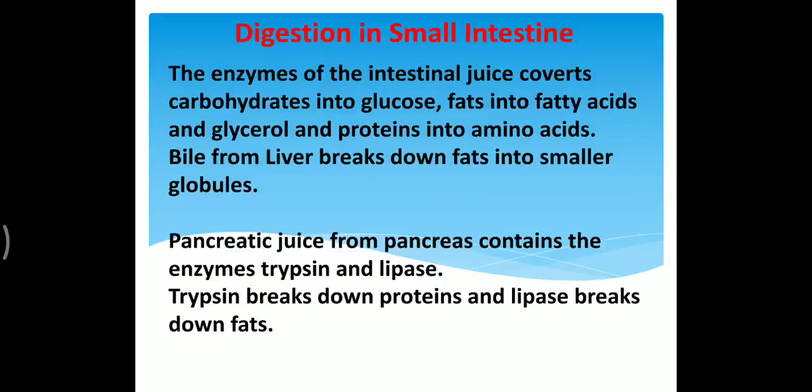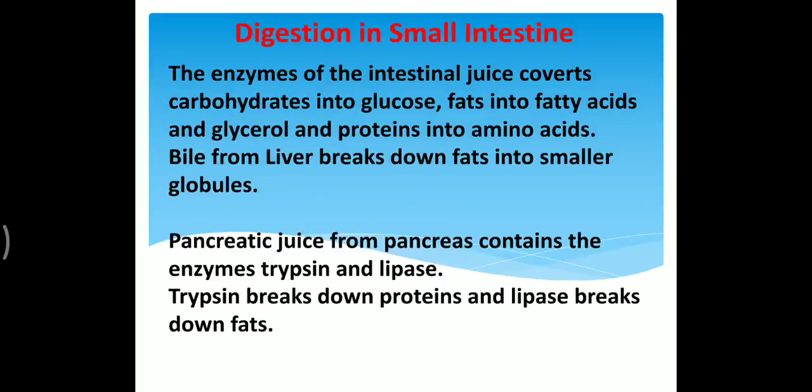Bile from the liver breaks down fats into smaller globules. Next, pancreatic juice from the pancreas. You all know pancreatic juice is poured from the pancreas, and that contains the enzymes trypsin and lipase.